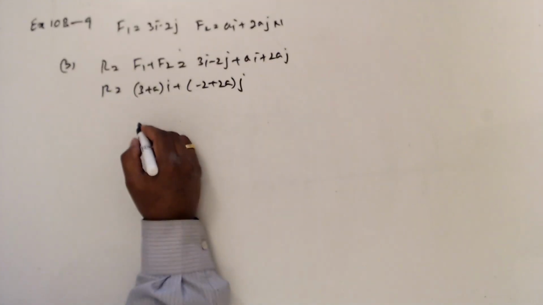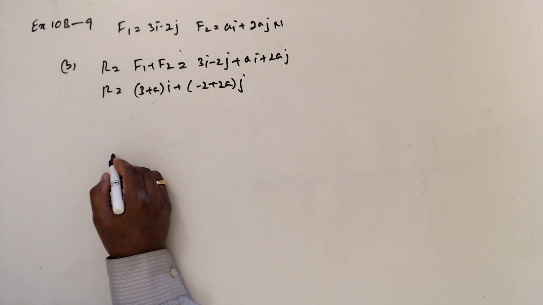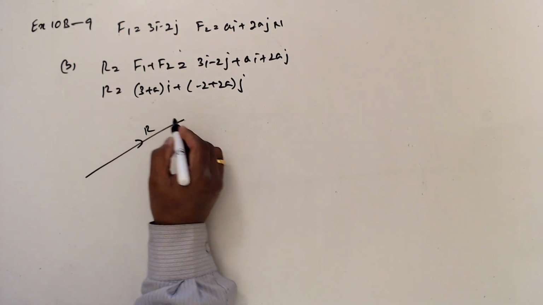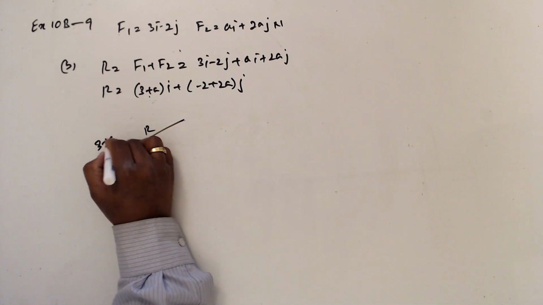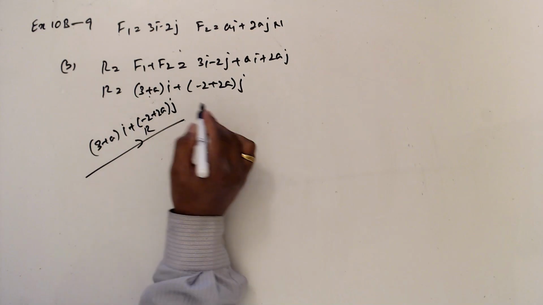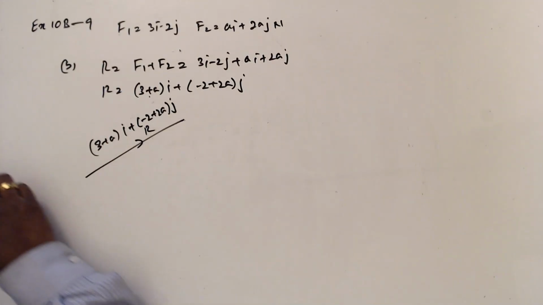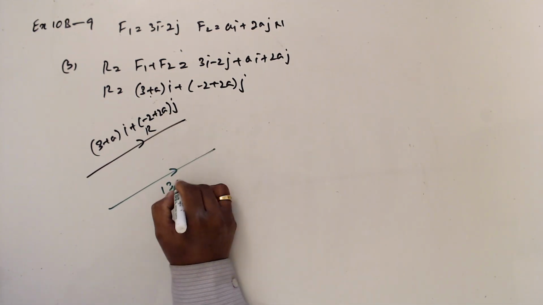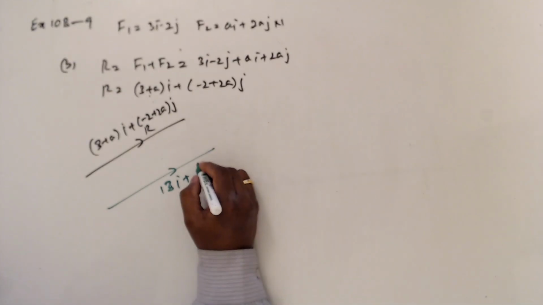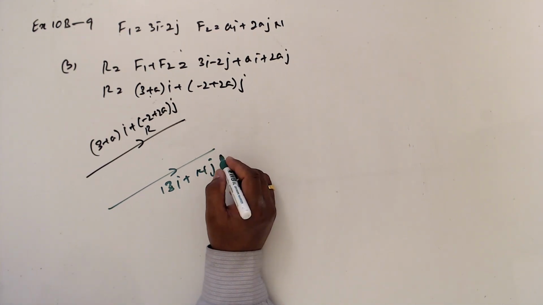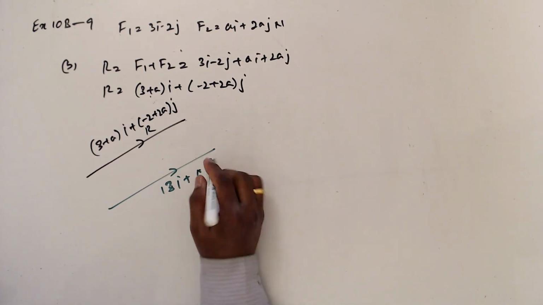Given that this R is parallel to 13i plus 10j, so this is R, (3 plus a)i plus (minus 2 plus 2a)j, and this R is parallel to another vector, 13i plus 10j.